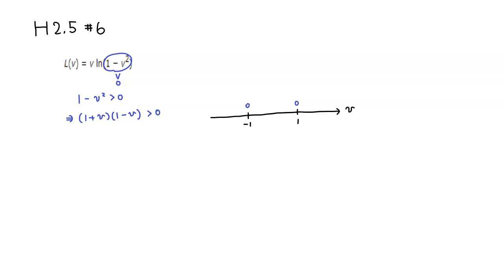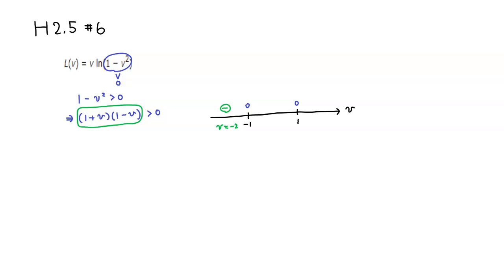Any number less than -1 would work as a test, so let's try V equals -2. If V is -2, 1 plus -2 is negative, times 1 minus -2, which is +3. Negative times positive is negative, which we do not want.